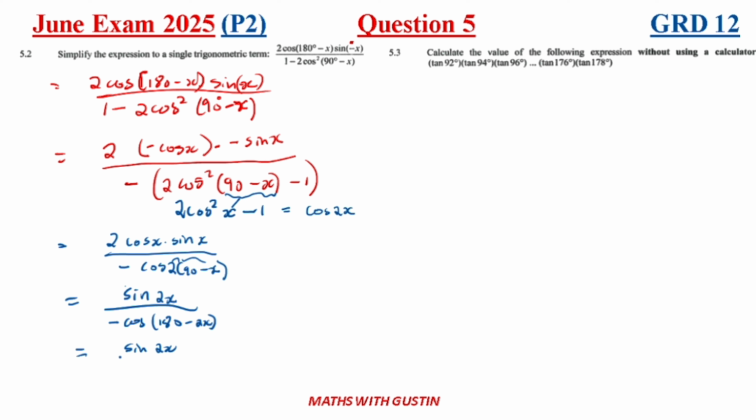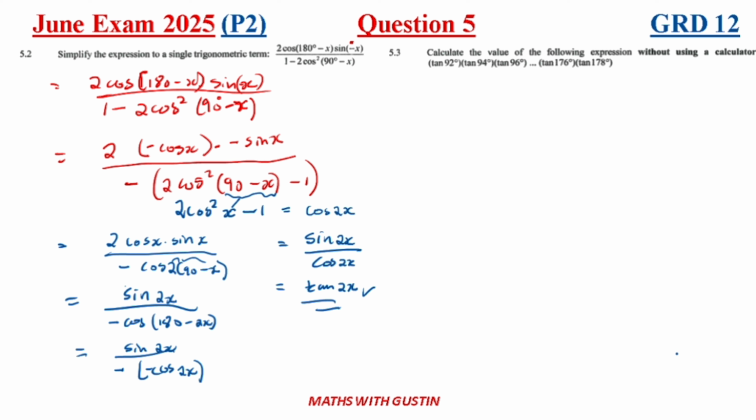We know that is negative, so now we're going to have negative into negative, cos 2x. Great. So now we come up here, and we're going to have sine 2x all over cos 2x. Therefore the answer is just tan 2x. And that's how you would simplify. Then you get your full 5 marks on this question.